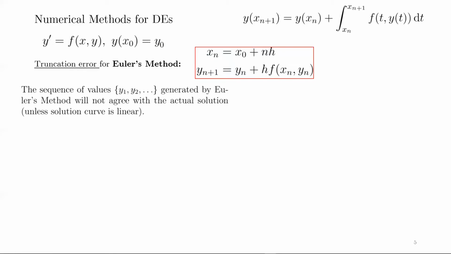The sequence of values y1, y2, y3 generated using Euler's method will never agree with the actual solution unless the solution curve happens to be linear. That's a boring ODE, so for most ODEs that you're going to solve, you are not going to get an exact solution using Euler's method.